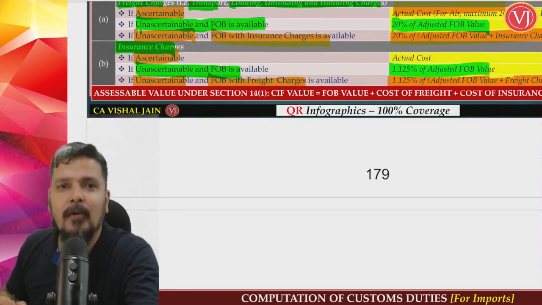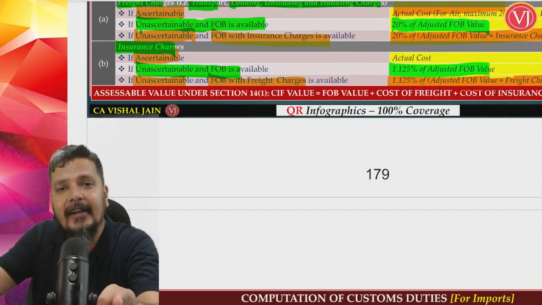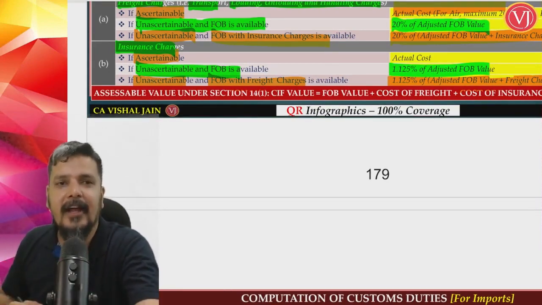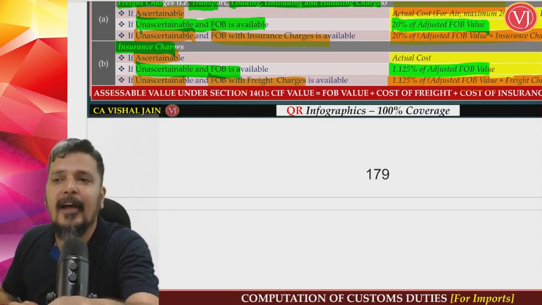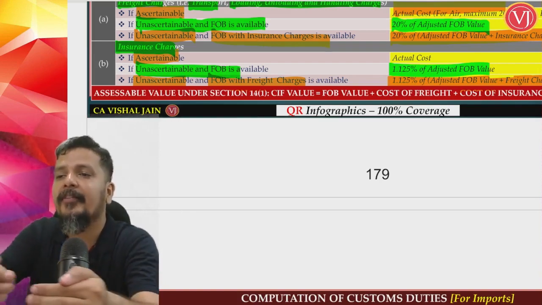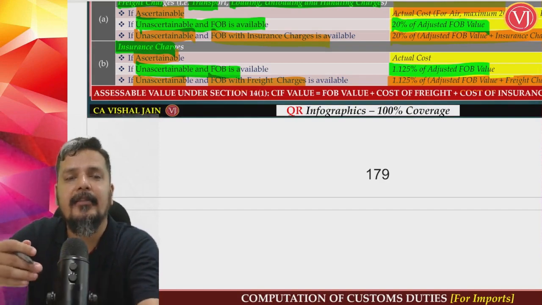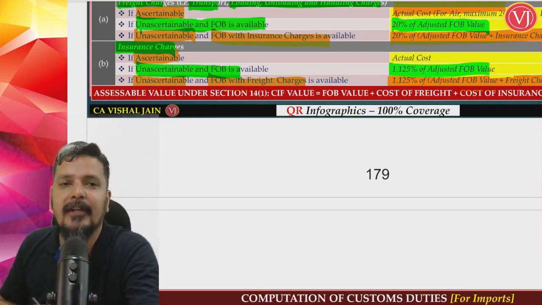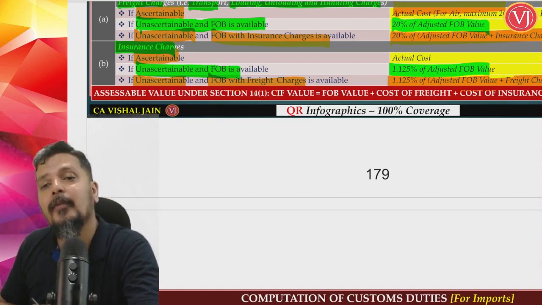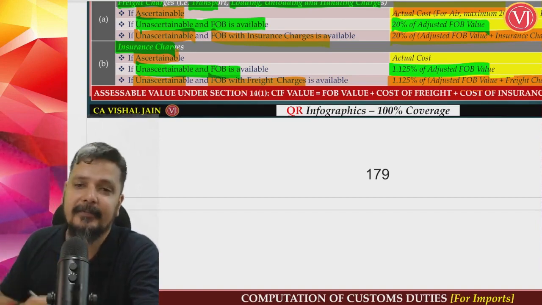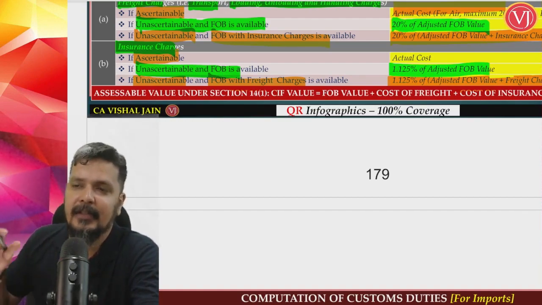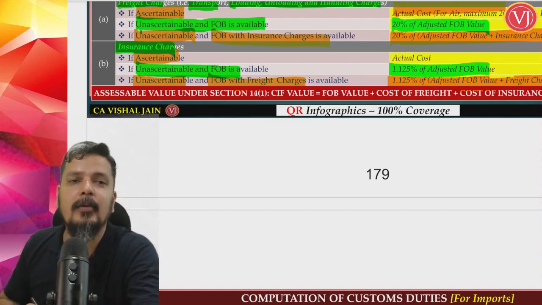If you don't know the insurance value and you don't know FOB separately, you know FOB with freight together, then your insurance is 1.125% of adjusted FOB with freight. It is all about these 10(2) additions.